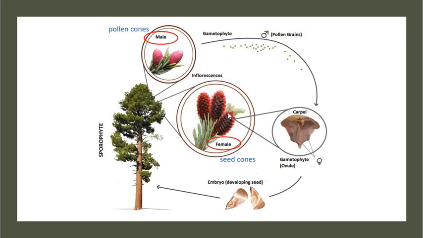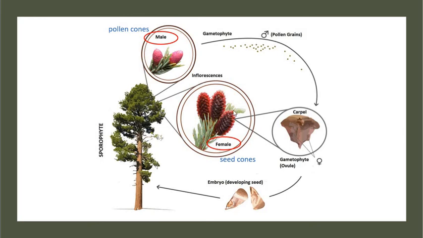So when the pollen comes down, it doesn't burrow through into the ovule through all of those other structures. Remember, it's called a naked seed. It doesn't have all of that. It just has the ovule. So the pollen comes, it lands on the sticky parts of the seed cones, and then the pollen will burrow right into the ovule and make the seeds.